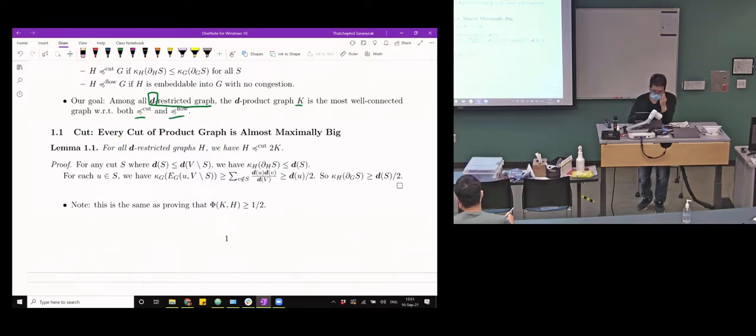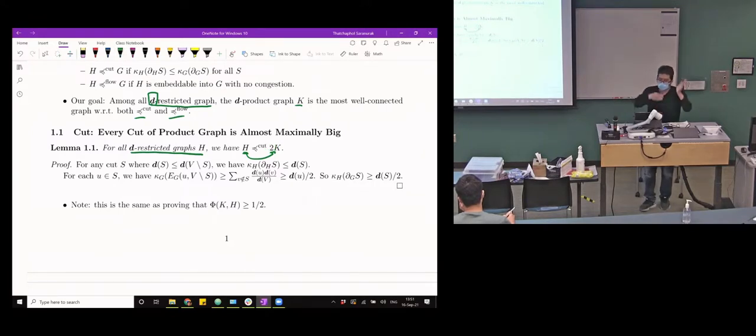In other words, if you have any graph that is D-restricted, this graph is less than the product graph K, maybe with a factor of 2.